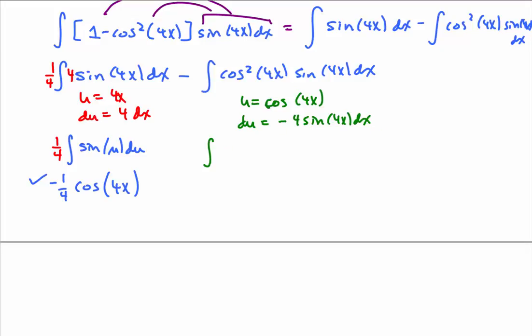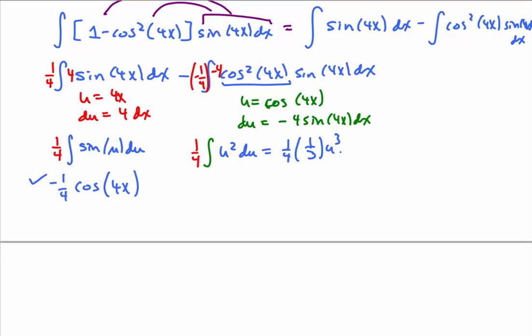I'm missing the negative 4, so I guess I have this negative on the outside, but I'll just leave it there. And I'll multiply by negative 1/4 on the outside. A negative times a negative is a positive 1/4. And then this would be cosine squared, so that would be u squared, and then all the rest would make up my du. So this is 1/4 u cubed over 3.